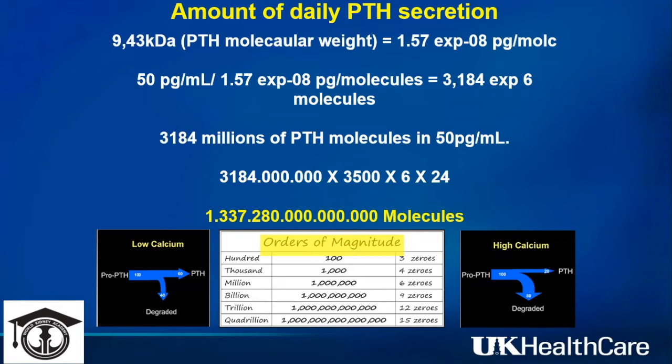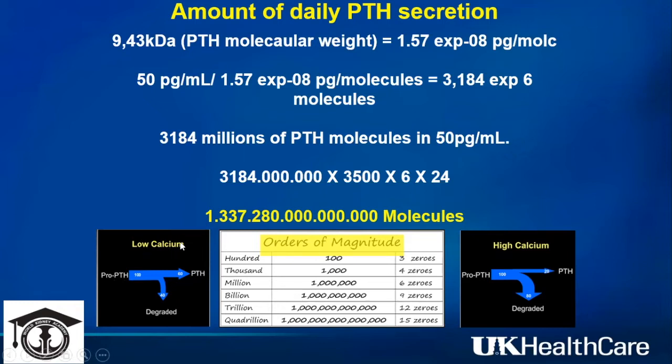And actually what we have in our blood is just a small portion, because most of the PTH that is formed inside the gland stays in the gland as pro-PTH.